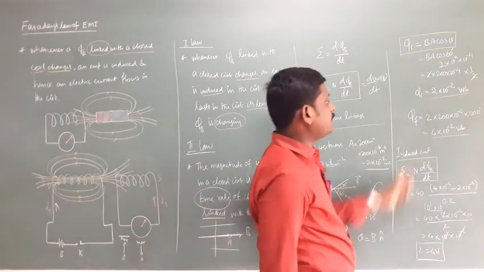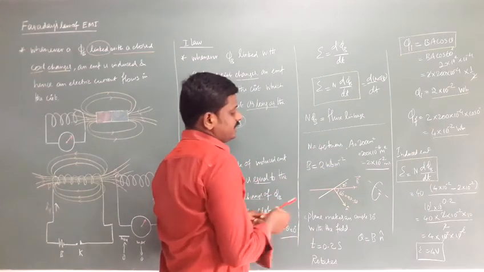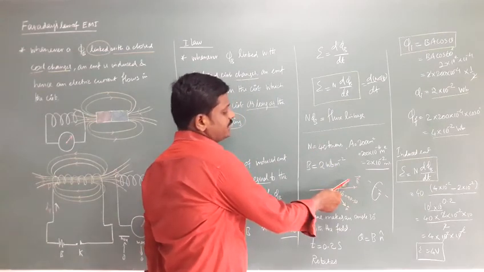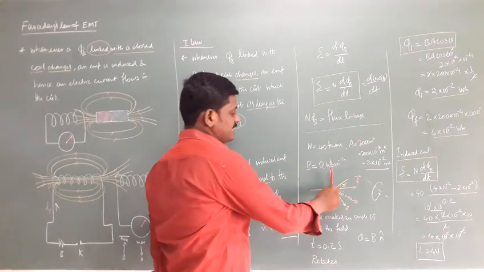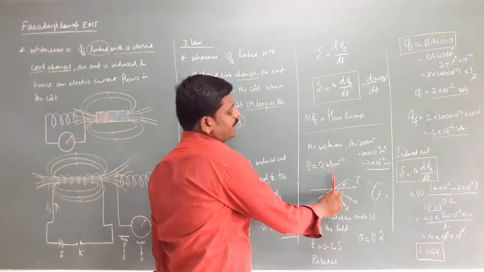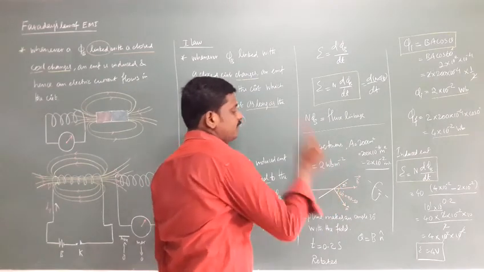Then what is the final magnetic flux? The plane is 30 degree with the field, it rotates, and after 0.2 seconds it comes back to 90 degree. They said the plane is perpendicular to the magnetic field.